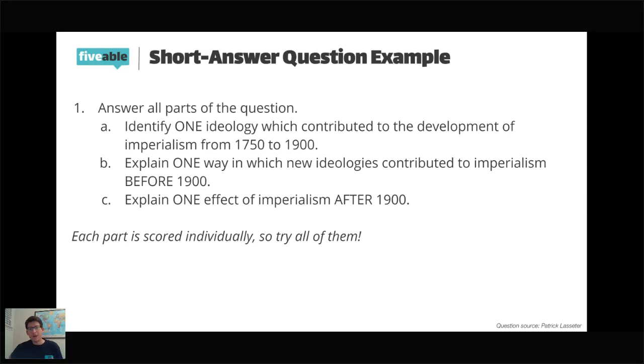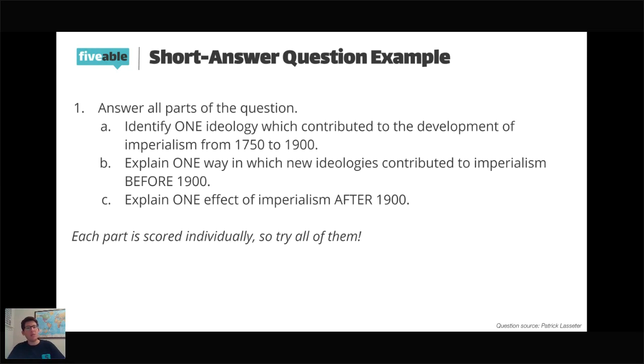You could maybe talk about social Darwinism in A, but for B, you might explain that, let's say, nationalism contributed to imperialism as countries like Britain and France competed, and you could throw maybe the Netherlands in there, competed for access to markets around the world and access to resources around the world. That the nationalist drive and the pride in one's country led to an acceleration of this process. A few sentences might do it.